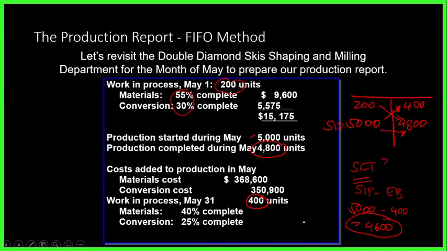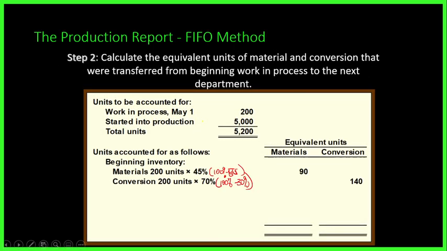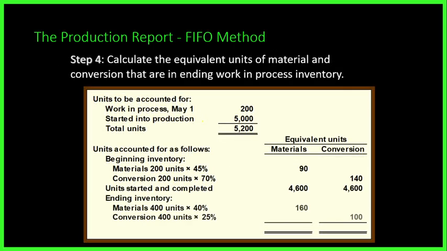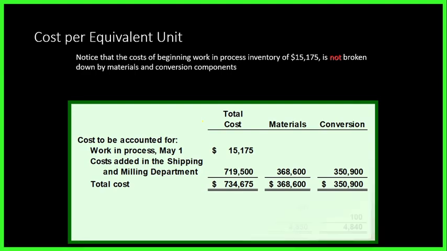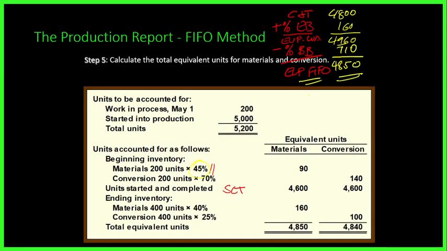Ayun, which is 55%. 55% times 200, that's 110. Oops, balik tayo. Ayan. So you have 4,850. Now, let me know in our discussion board if you will arrive at 4,840, okay, as the EUP for FIFO if you use this approach.